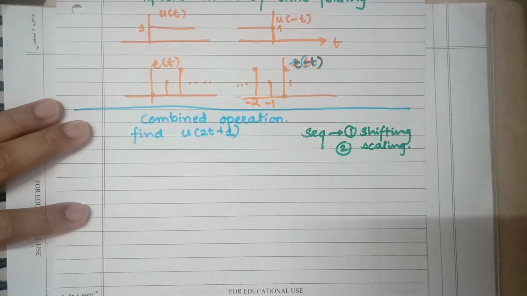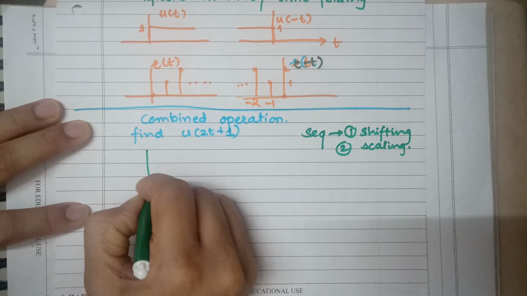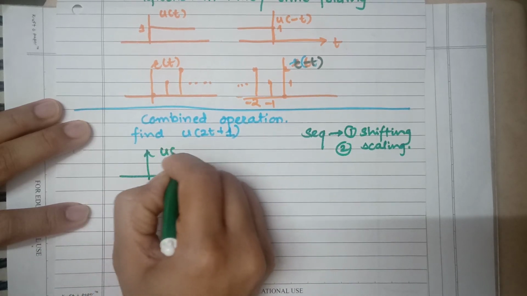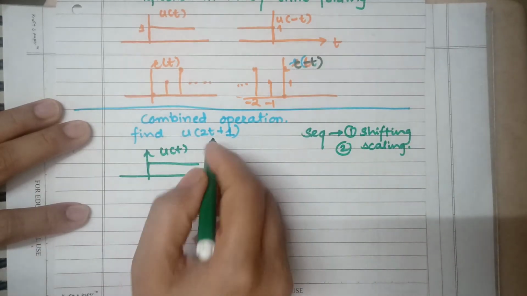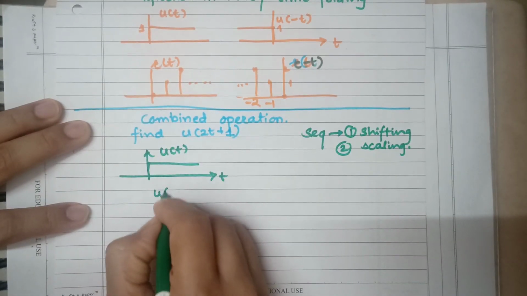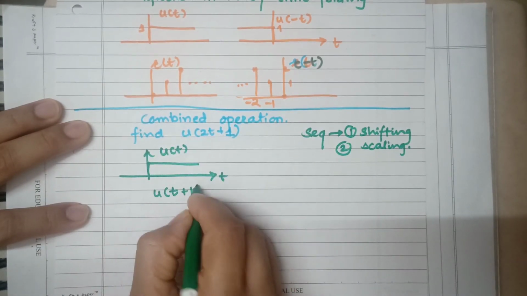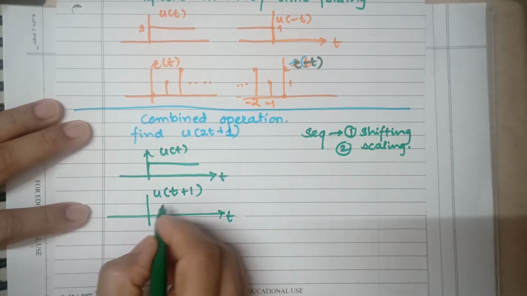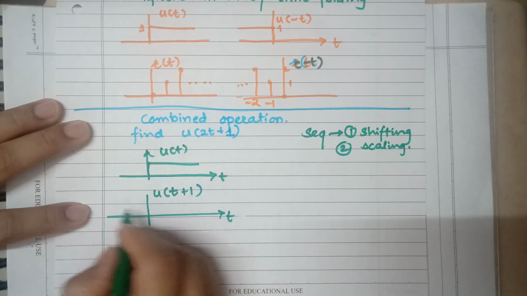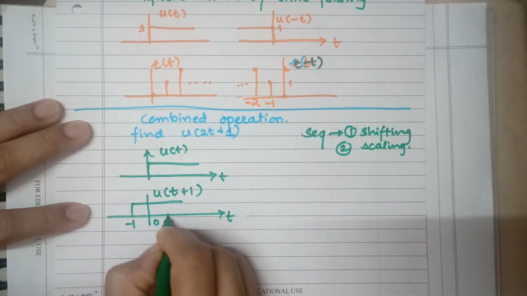So first we'll consider u of t, the basic signal. We'll draw the signal, it is like this, u of t. Then you find u of t plus 1. So what is t plus 1? t plus 1 is advancement by 1 unit. So it will be like this, minus 1, 0, 1 and so on.